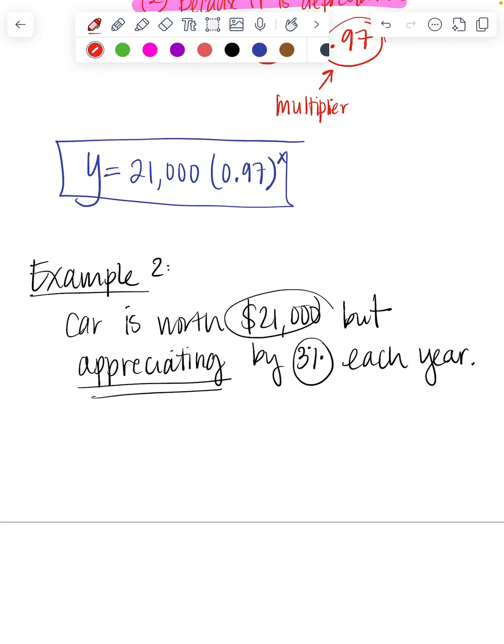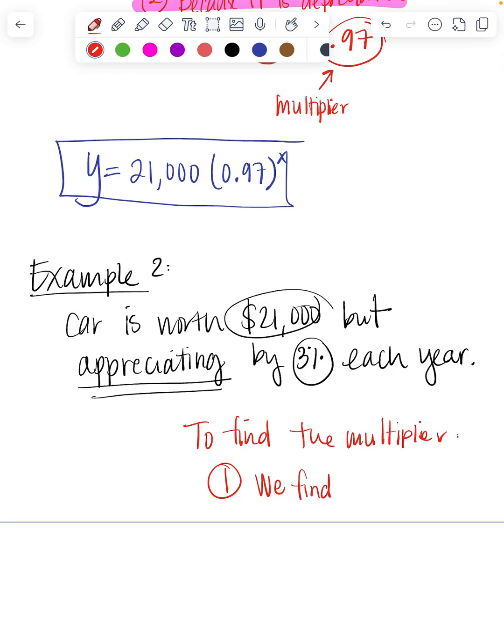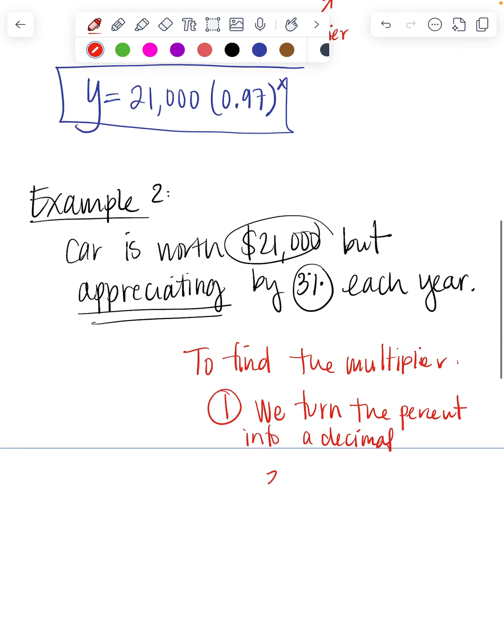So first, to find the multiplier, we turn the percent into a decimal. Remember, we already did it in the previous problem.